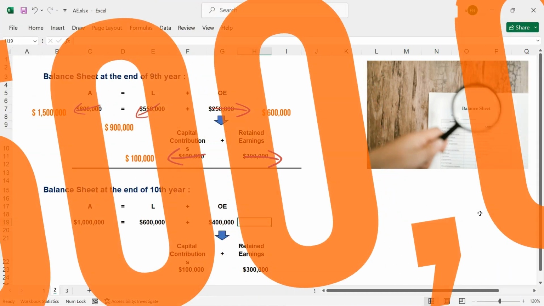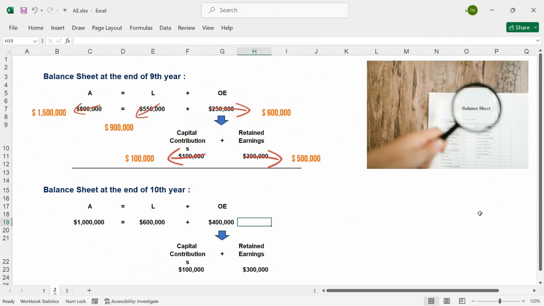But what's changing is an understanding of what the trend is. If in fact assets at the end of last year were $1.5 million and this year they're $1 million, this is a business that's contracting. It's not growing in terms of its assets and its capabilities. It actually has fewer assets and then probably as a result less capacity for future growth.